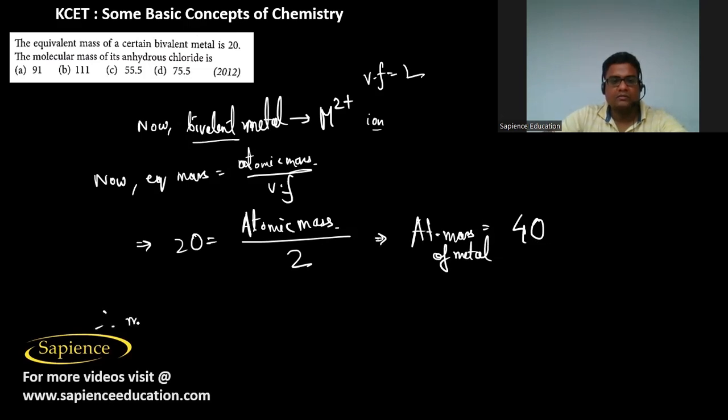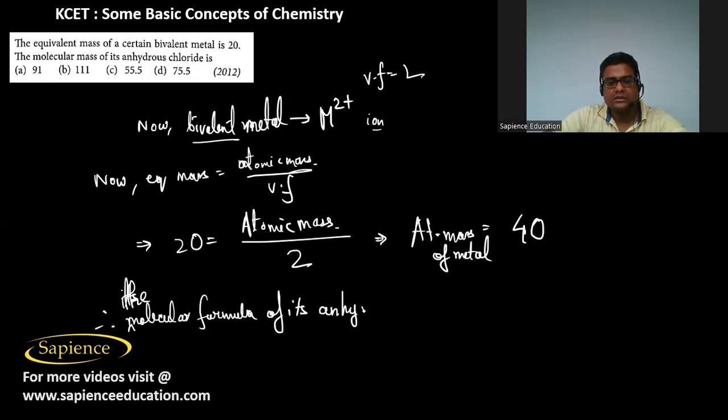So the atomic mass of the metal is 40. Now the molecular formula of its anhydrous chloride will be MCl2.